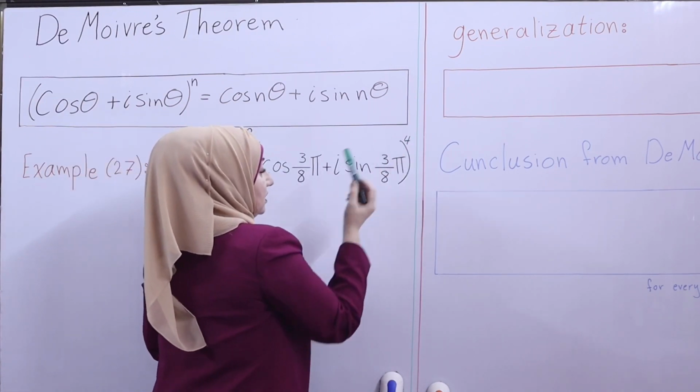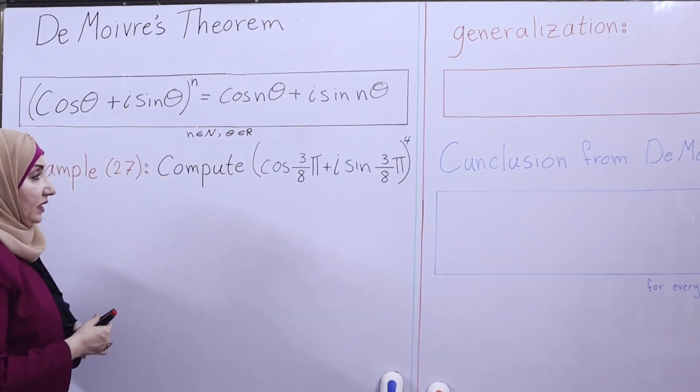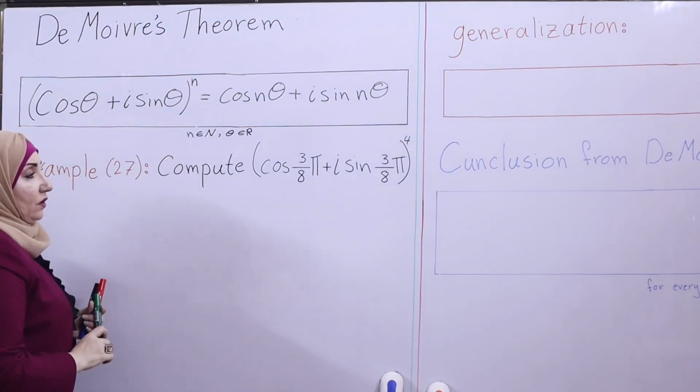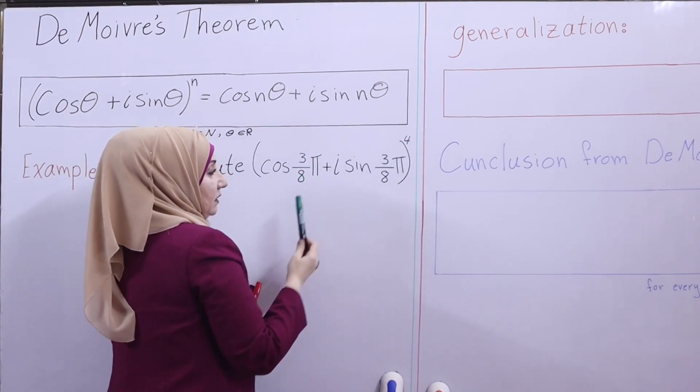All is raised to power 4. How can we simplify it? By applying DeMoivre's theorem, we will multiply the power by the angles.